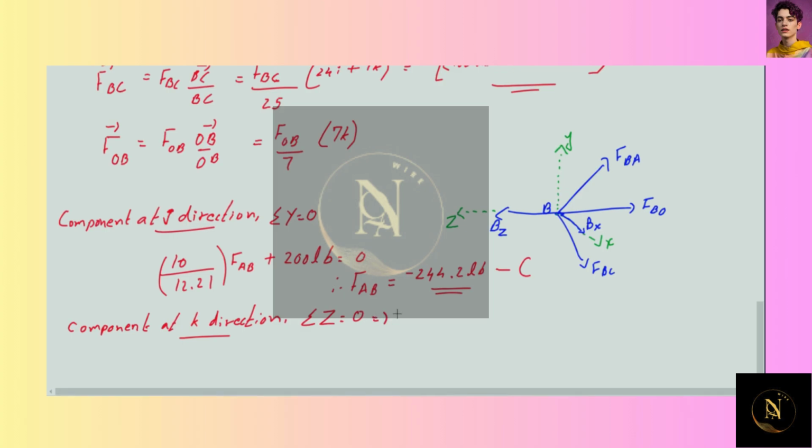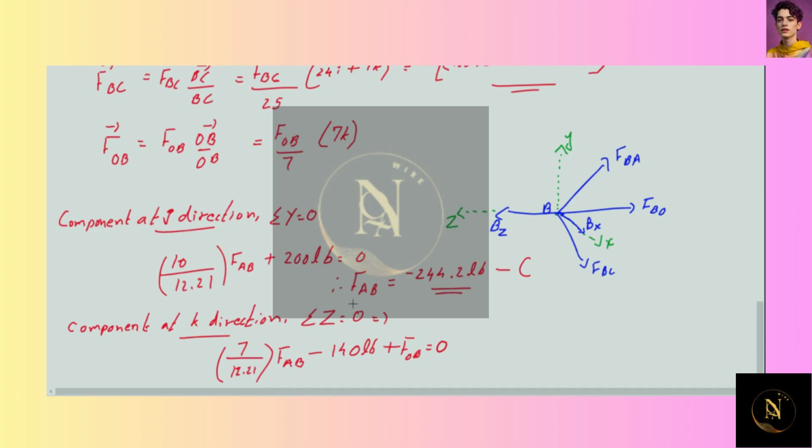That gives us 7 by 12.21 times FAB, minus 140 lb, minus FOB equal to 0.